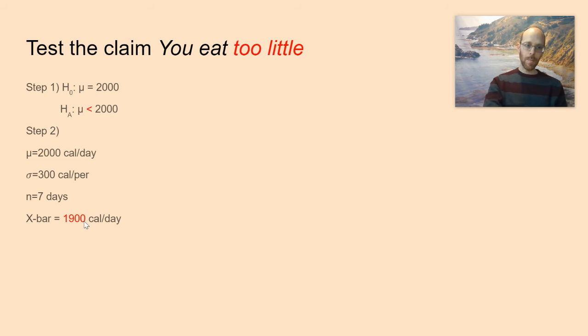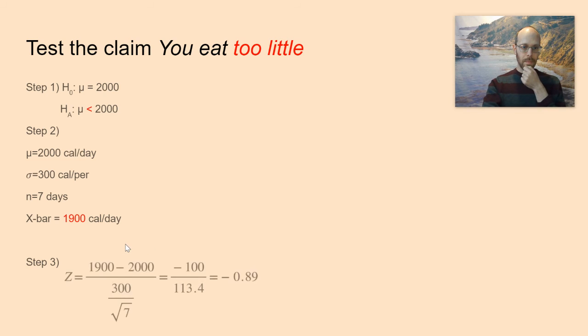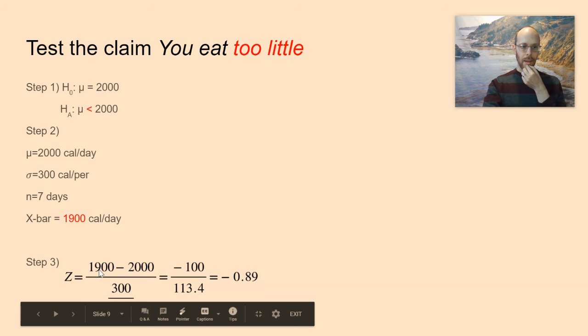Let's suppose that your X bar was 1,900 calories per day. Then that's going to change the test statistic, or the z-score, that we find in step 3. It would end up looking like this. 1,900 minus 2,000 is negative 100. Divide that by the same number we had found before, and we come up with negative 0.89 as our z-score.